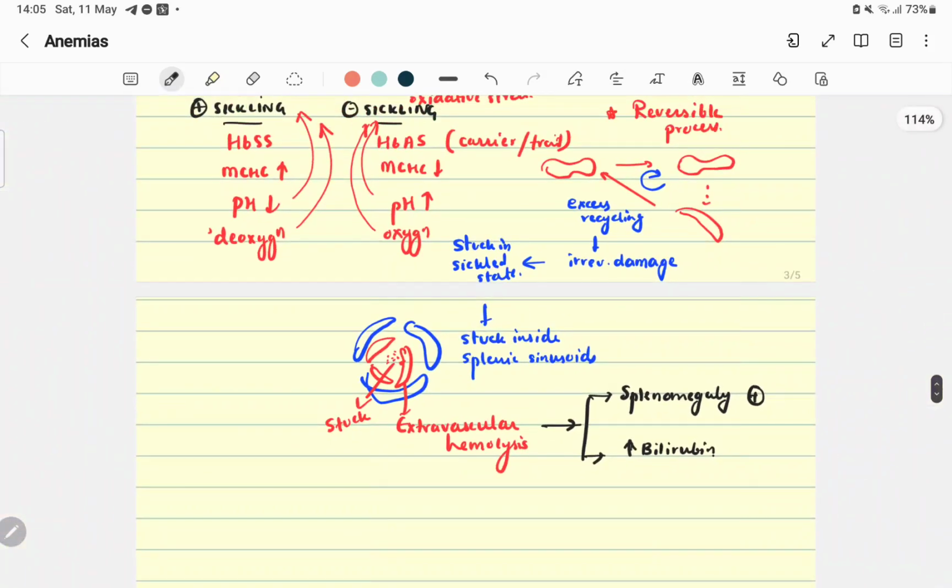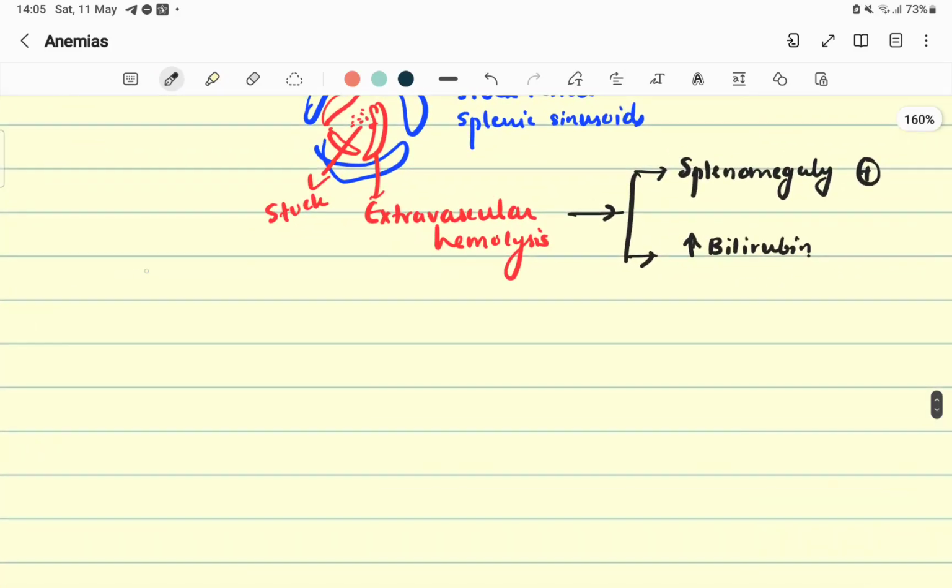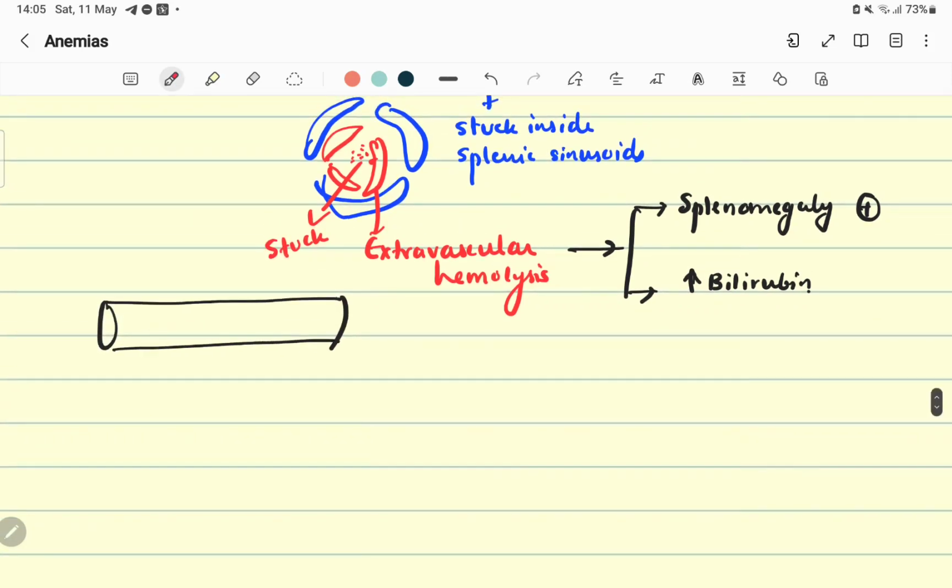This type can cause another complication. Sickled RBCs have a tendency to clump together. They can form dents, and these can combine with each other and form clumps.